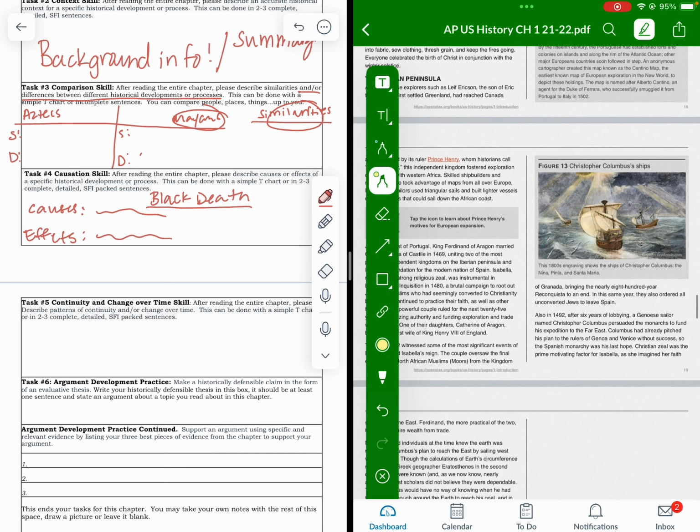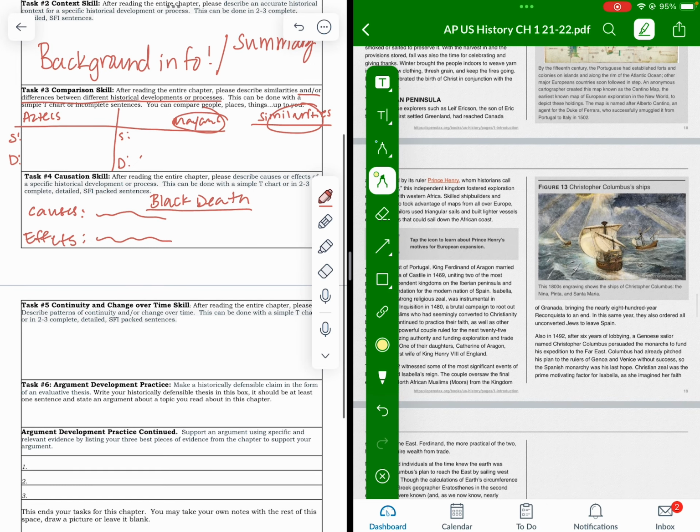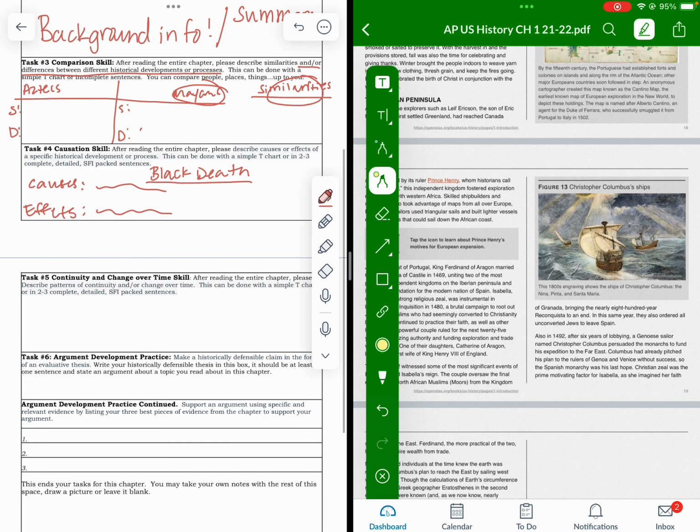Okay, for my favorite skill, that is continuity and change over time. And for these early skill checks, we're going to ask that you choose to do, you can do both continuities and changes, or you can just choose to do one for now. So it says and or.